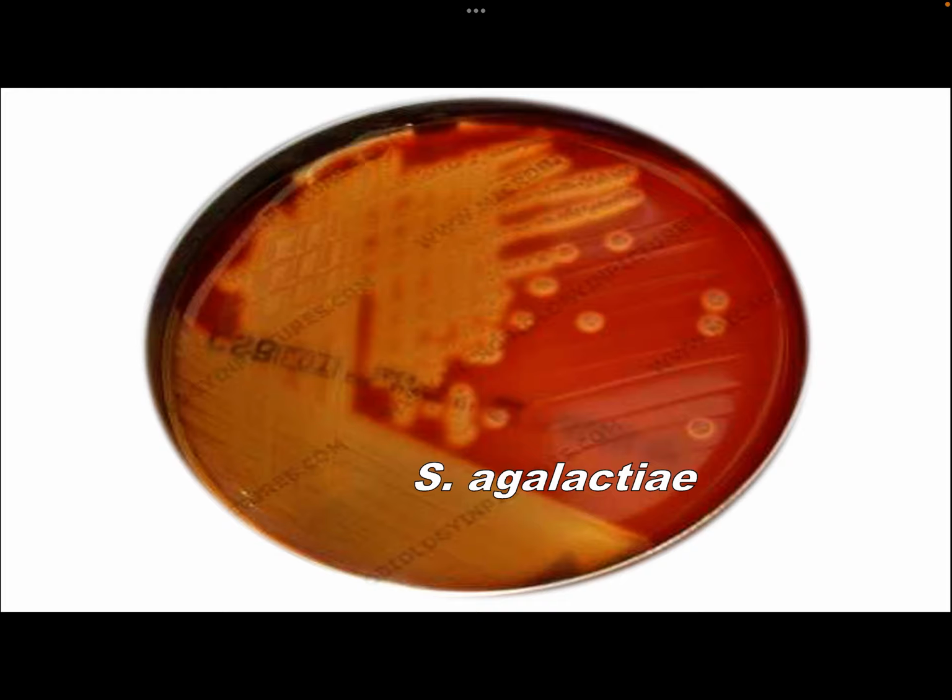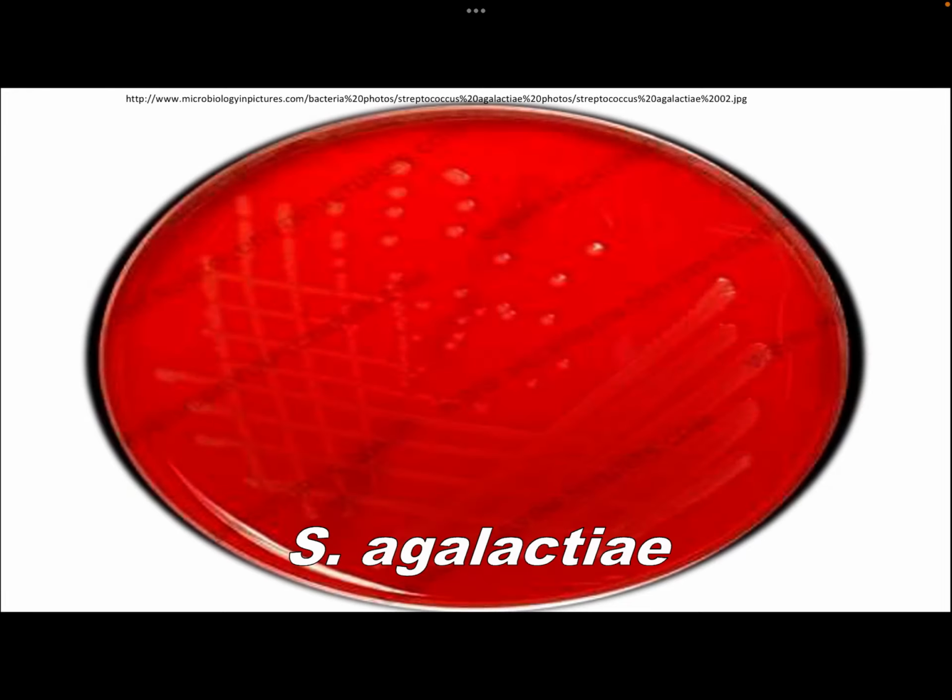Sometimes you might be using a type of blood that is not really helping you observe the hemolysis. For example, you just use human blood instead of sheep's blood. Between human blood and sheep's blood, the human blood cannot really give you the true hemolysis that you are looking for.